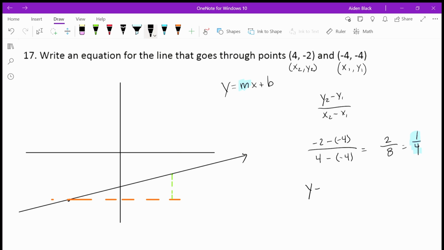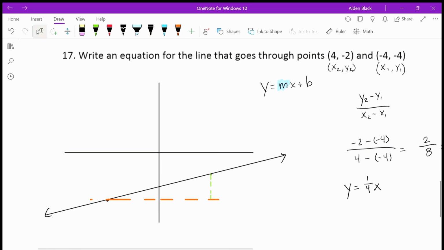I'm going to write y is equal to 1/4 x. Now, if you actually graphed this equation, it would be the same as this line that we drew.